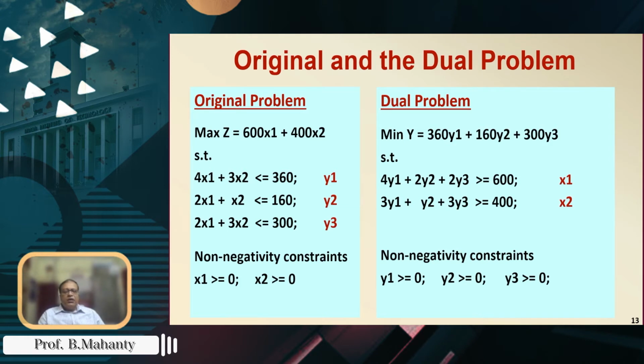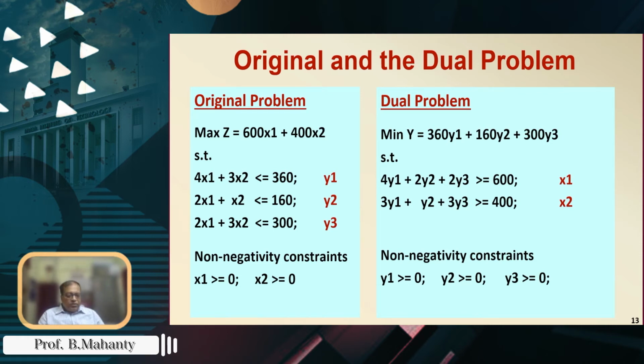So the corresponding dual of the dual would be maximize z equal to 600 x1 plus 400 x2. Now what is the variable type? The variable y1 is greater than or equal to 0, right? And the coefficients of the variable y1 are 4 and 3. So what should be the constraint? 4x1 plus 3x2, connected to 360.